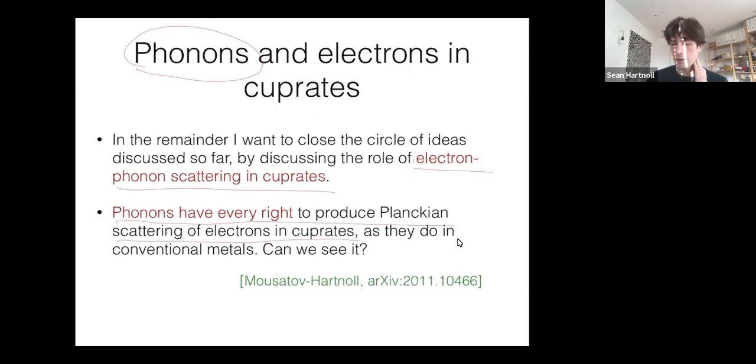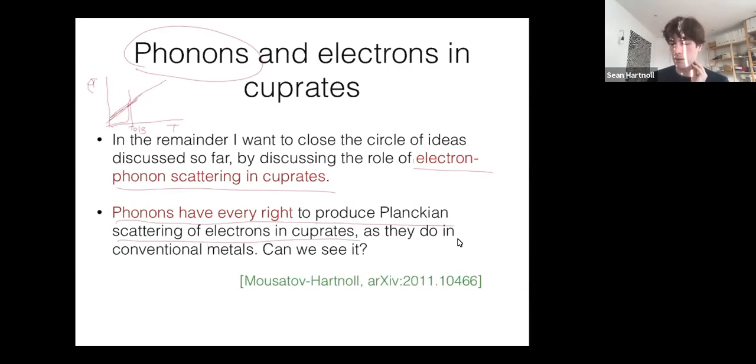And it's a bit confusing because in copper or something, the T-linear resistivity goes down, at some scale like the Debye scale over 3, and it starts becoming much smaller. But in cuprates, if you suppress superconductivity, the T-linear scattering goes down well below the Debye scale.